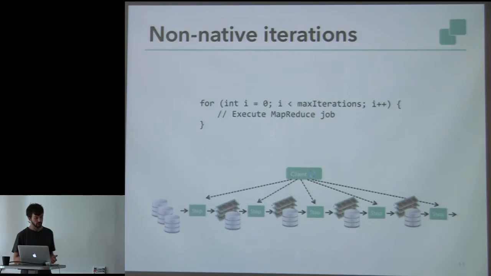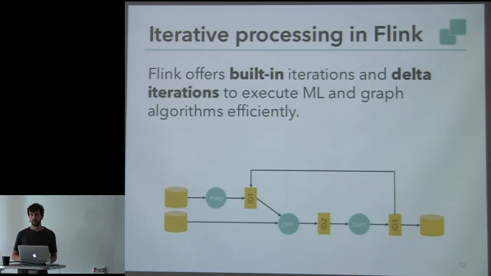But in Flink, there's native support for iterations, which means that in principle we allow cycles in the execution graph, which gives us a way to feed data back into an operator and feed it in there multiple times.